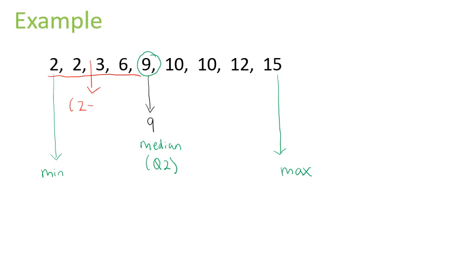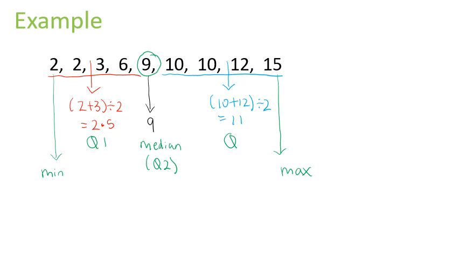So 2 plus 3 divided by 2 equals 2.5. So that's Q1. And then I need to find the median of the upper numbers, which is here. So 10 plus 12 divided by 2 equals 11. So this is Q3. So our 5-figure summary, the minimum to Q1 is 2.5, Q2 is 9, Q3 is 11, and the max is 15.